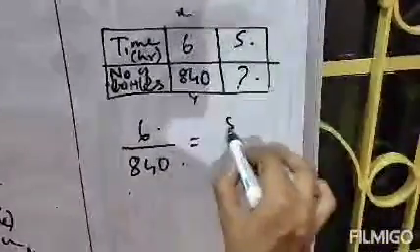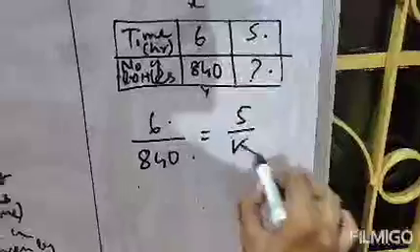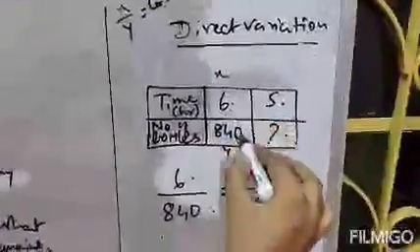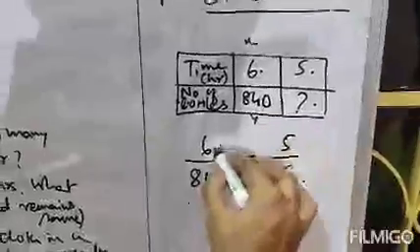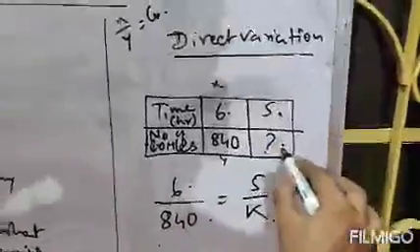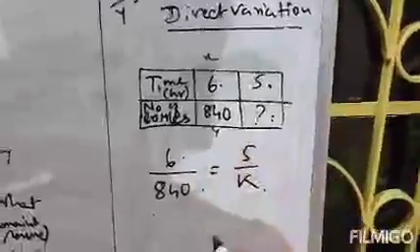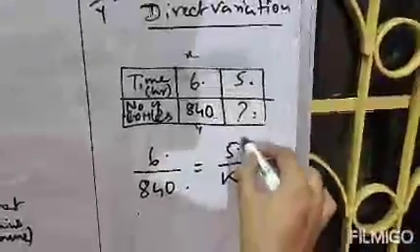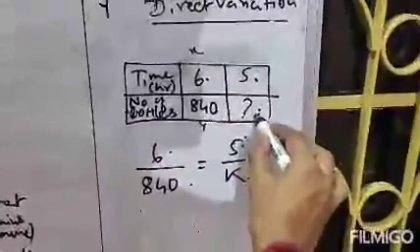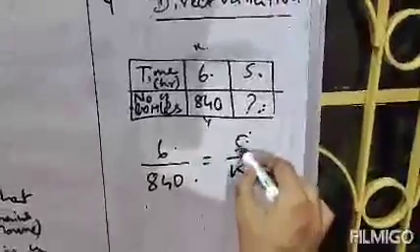Therefore we will write 5 by k, suppose this is k. This quantity is x and this quantity is y. So 6 by 840 is x by y, and 5 by k is also x by y.